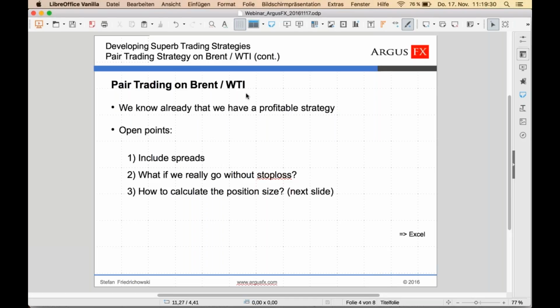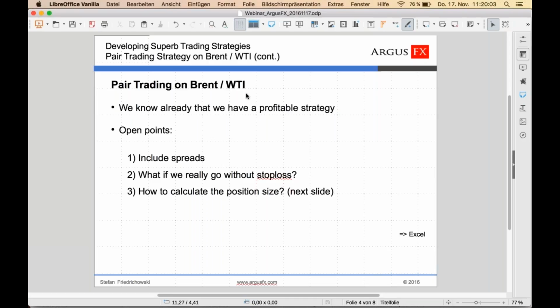So we build up the ratio, dividing one price by the other, and we look whether that ratio differs strongly from the typical ratio we have created via an EMA on that ratio. Whenever we have a strong deviation, we believe that this deviation will go back to normal.